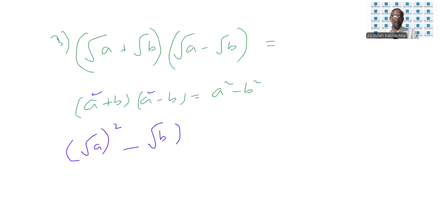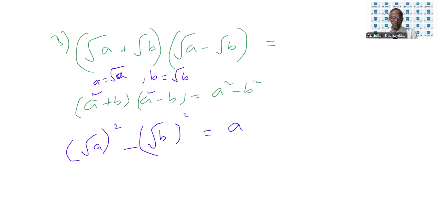We know here A is equal to root A and B is equal to root B. We are substituting. This is root A square minus root B square. What is root A square? That is A. What is root B square?